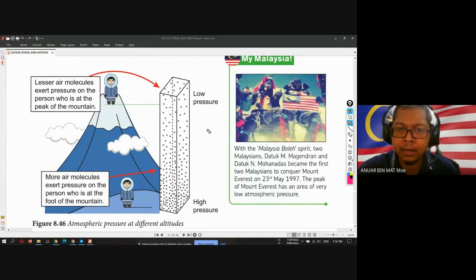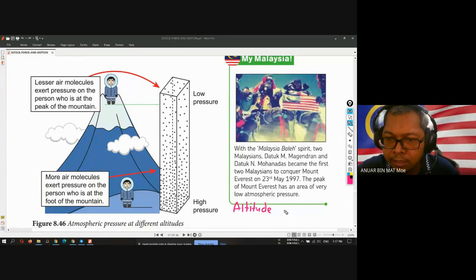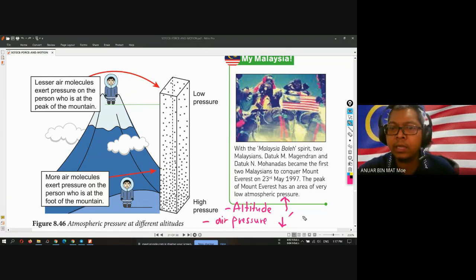Just remember that. Again, if the altitude is increased, so what happened to the pressure? The pressure is decreased. Air pressure or atmospheric pressure will decrease.